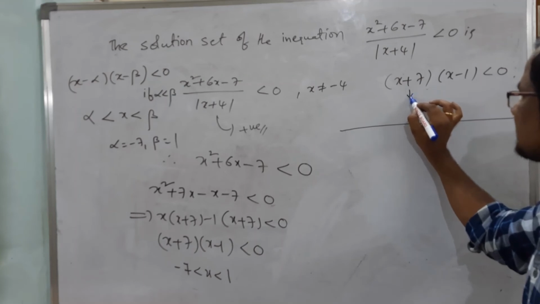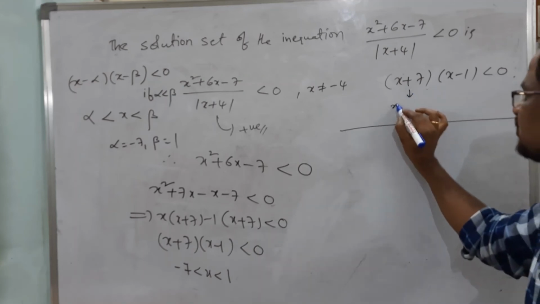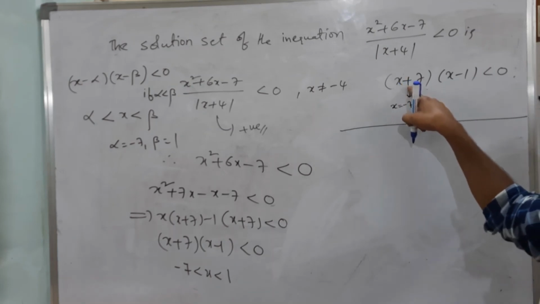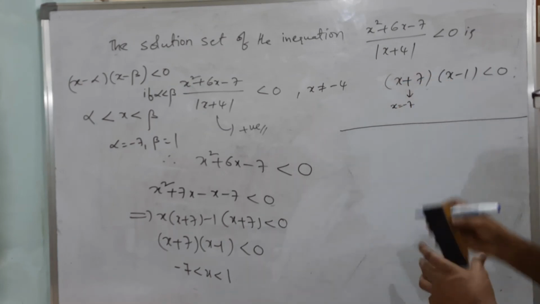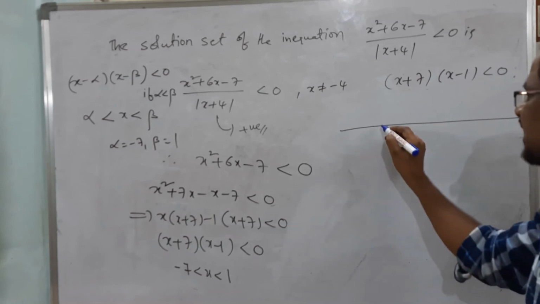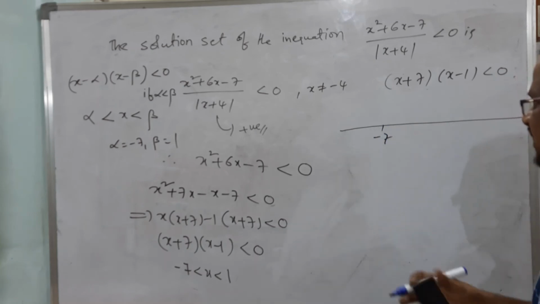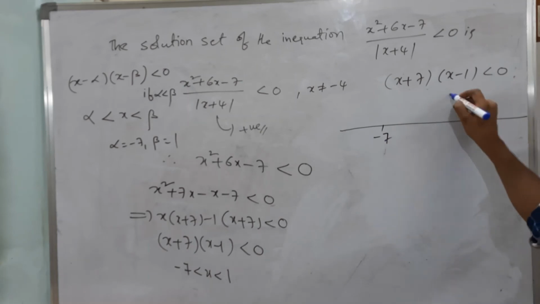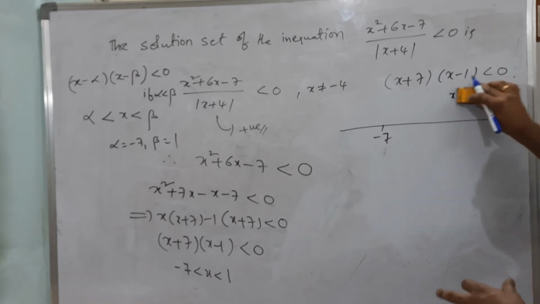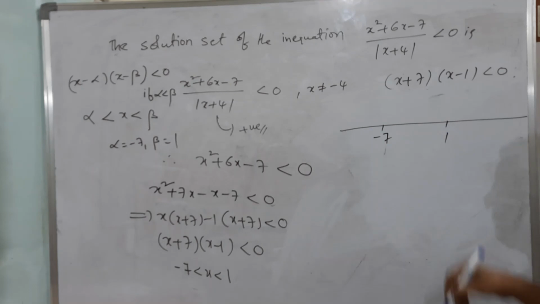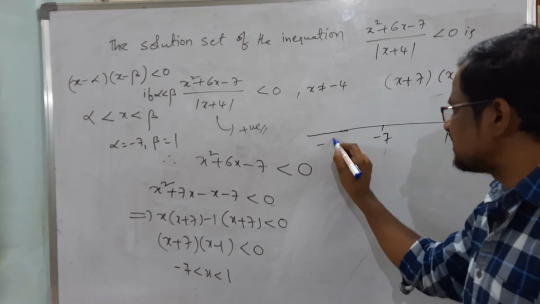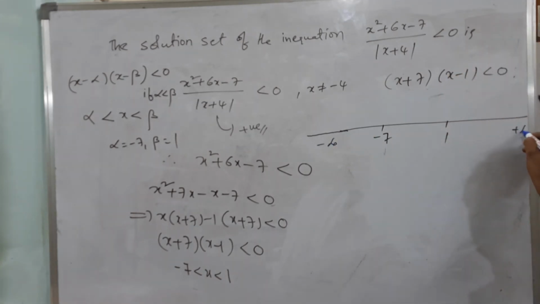When this factor is 0, by substituting x equal to minus 7, minus 7 plus 7 becomes 0, so x equal to minus 7 is the critical point. Next, when this factor is 0, x equal to 1 is the second critical point. And at the ends we take minus infinity and plus infinity.